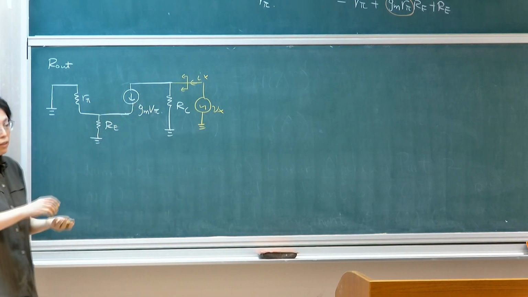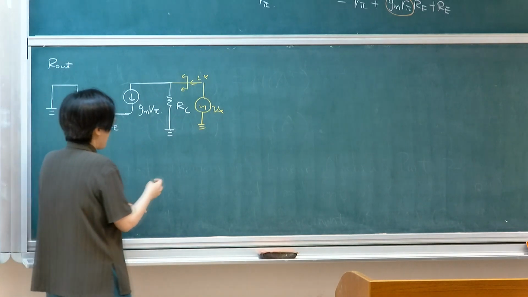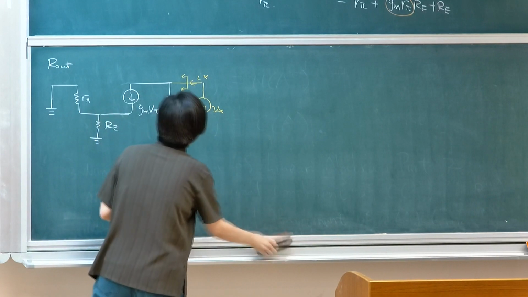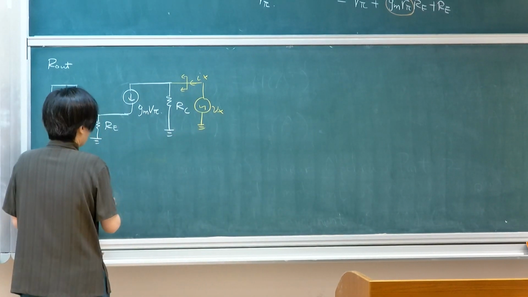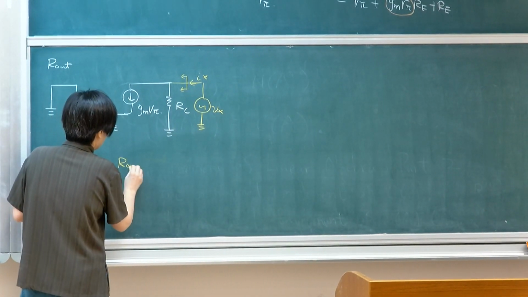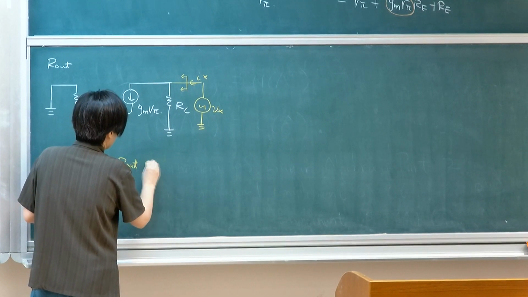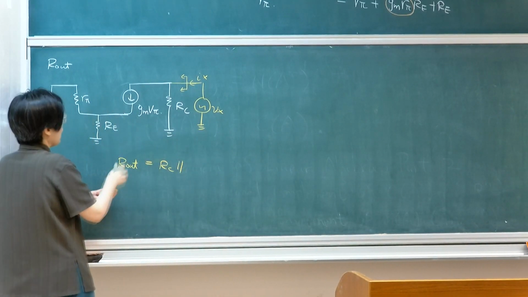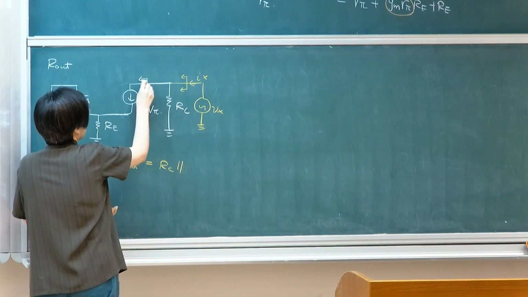So if this is an ideal current source, then my output resistance RL should equal to RC in parallel with whatever is looking in here.